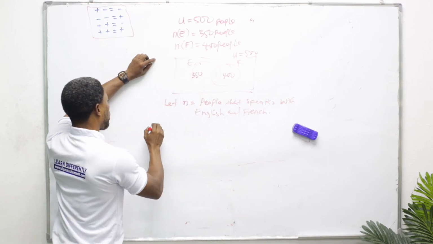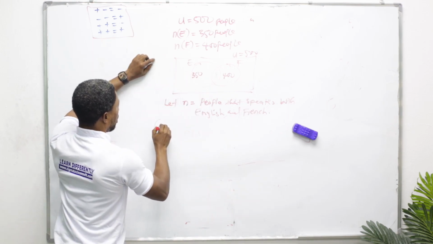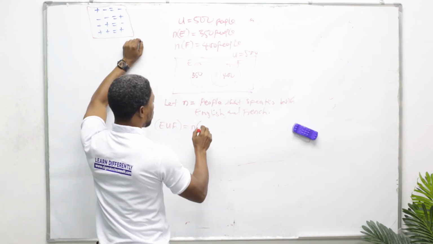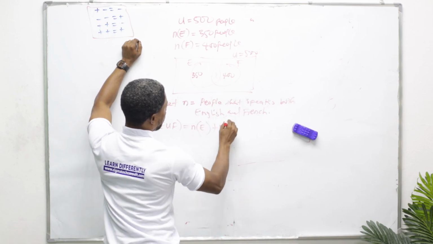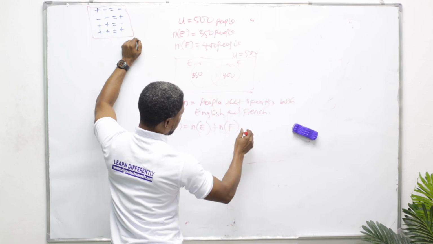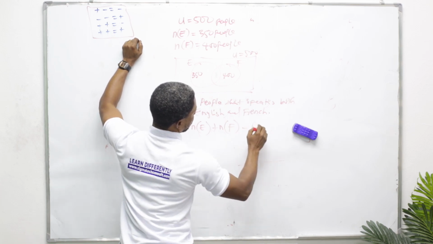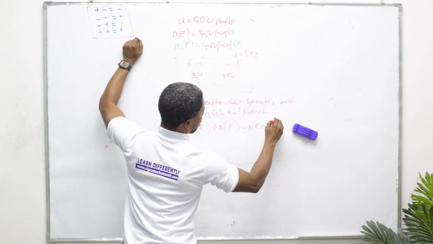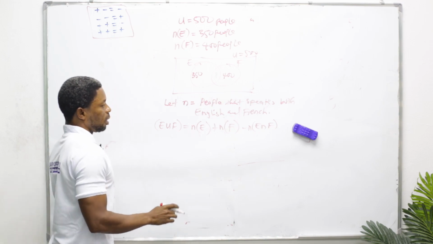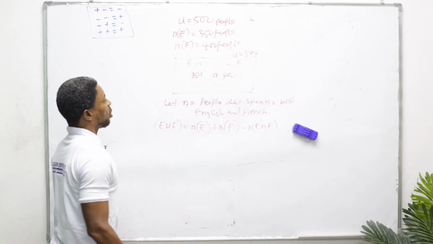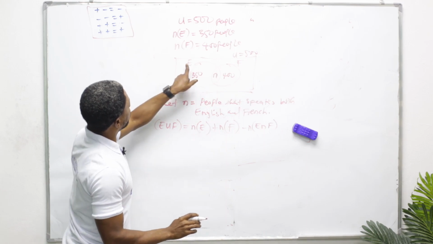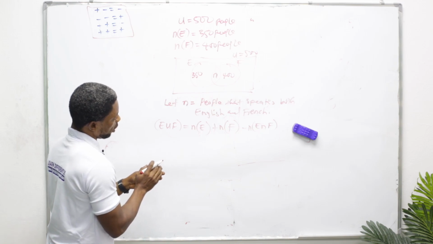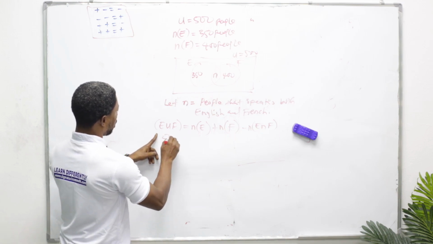So I'm going to have E union F equals to the number of E plus the number that speak French minus those that speak the two languages, which is E intersection F. We are putting here as N, people that speak both languages. This man can speak English, this man can also speak French. That point of overlapping. So now let's put our figure. This was 500.